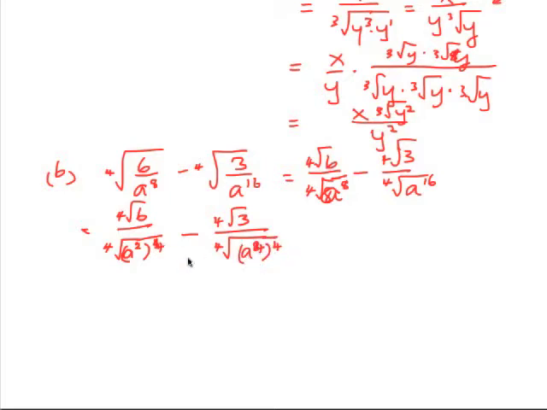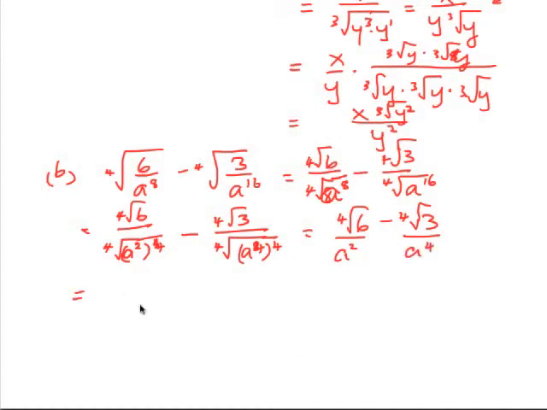See, I'm looking for a power of 4 that will allow the fourth root to cancel out. So this will be the fourth root of 6 minus the fourth root of 3. Now over these, this one here is going to be, of course, a squared, because the fourth root of a squared to the 4 is a squared, and this one will be, of course, a to the 4.